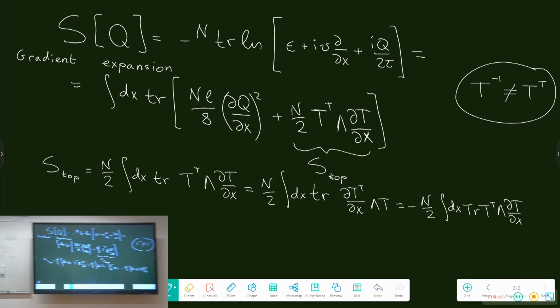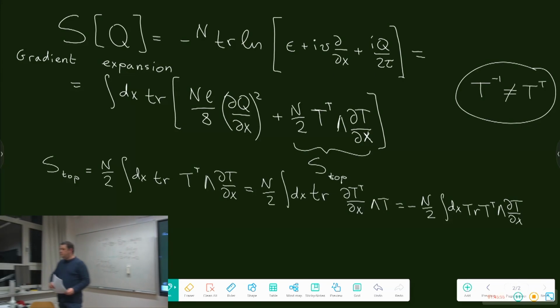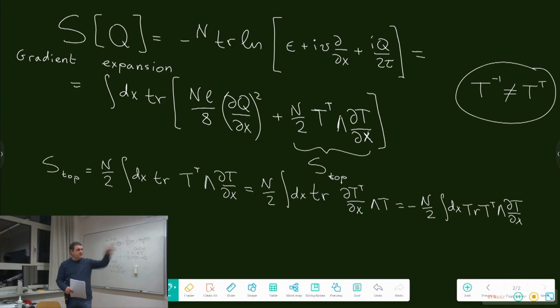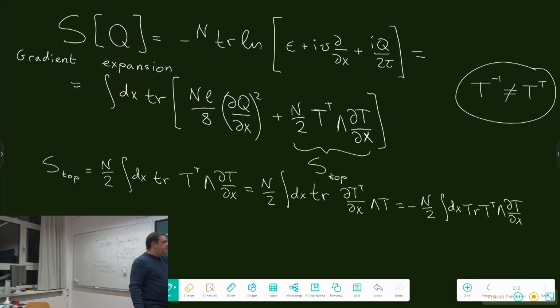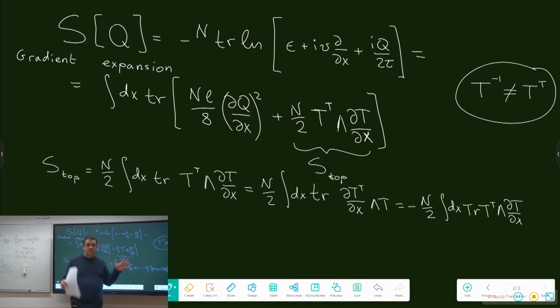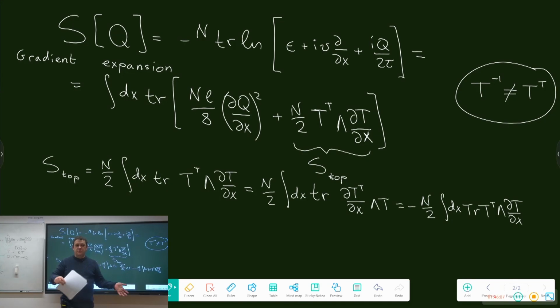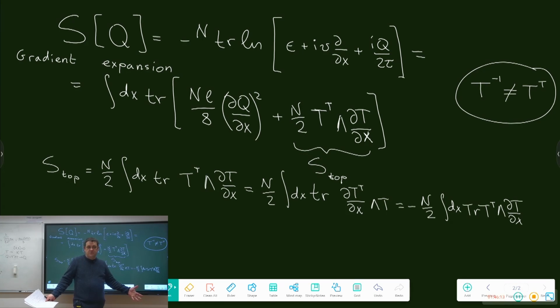Q is a symmetric matrix. Q equals Q transposed. But this thing doesn't. T inverse equals T transposed only in a certain gauge. But we can do a gauge transformation which will violate this identity, which will not change the Q matrix because it's a gauge transformation.